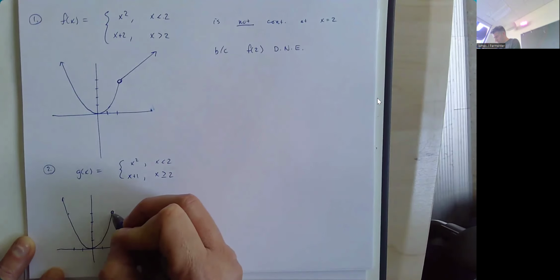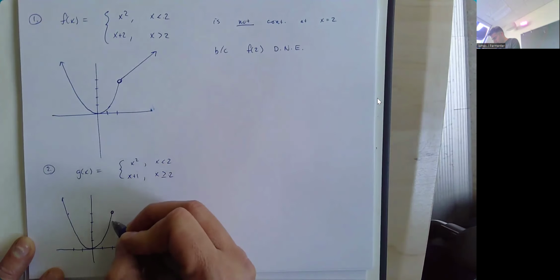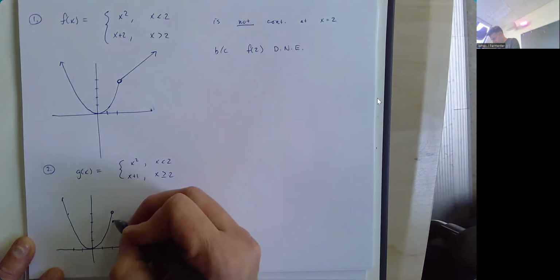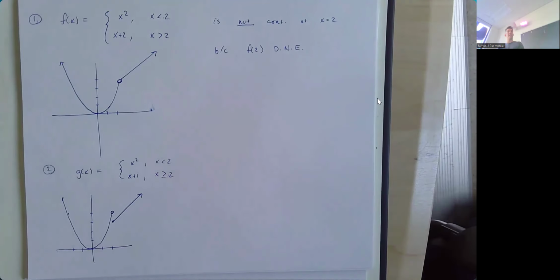And then after that point, I'm going to jump down to, well, when x is 2, 2 plus 1 is 3, and I'm going to go off like that. Does that look continuous? No, right? It looks like I jumped off the paper to move down to the next point and then continue on. I definitely could not graph this without lifting my pen off the paper.